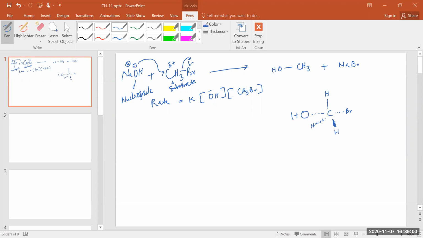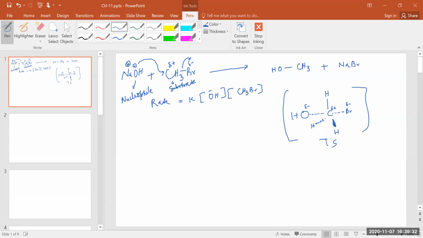So this is the transition state. When oxygen starts making a bond, it starts losing its negative charge, and bromine starts gaining negative charge. The charge on the carbon remains almost constant because on one side a bond is forming and on the other side a bond is breaking. So this is the transition state.